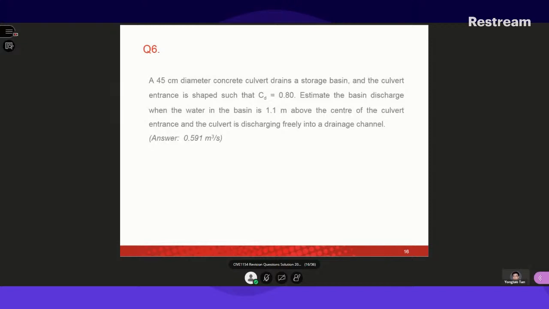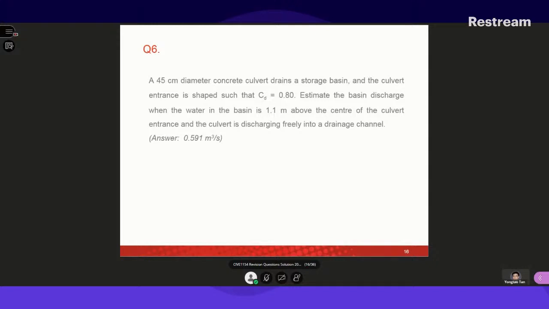Another thing we need to know is the discharge. The cover is discharging freely into a drainage channel, so the exit is not submerged. Another piece of information is that the water in the pipe or in the cover is not under pressure.